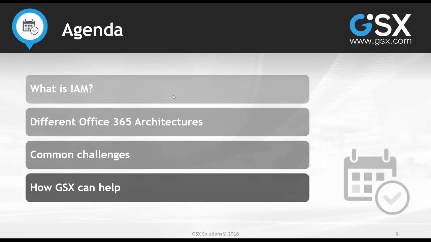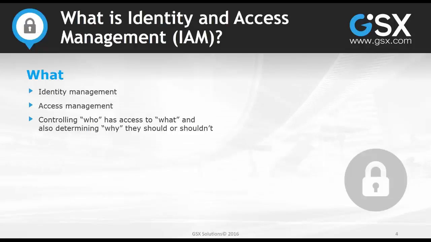So first thing, let's talk about what is identity and access management. What we're really talking about here is controlling access to various systems, networks, resources, etc. And at least for me, we're talking about two different parts when we mention that. We're talking about identity management and we're talking about access management.